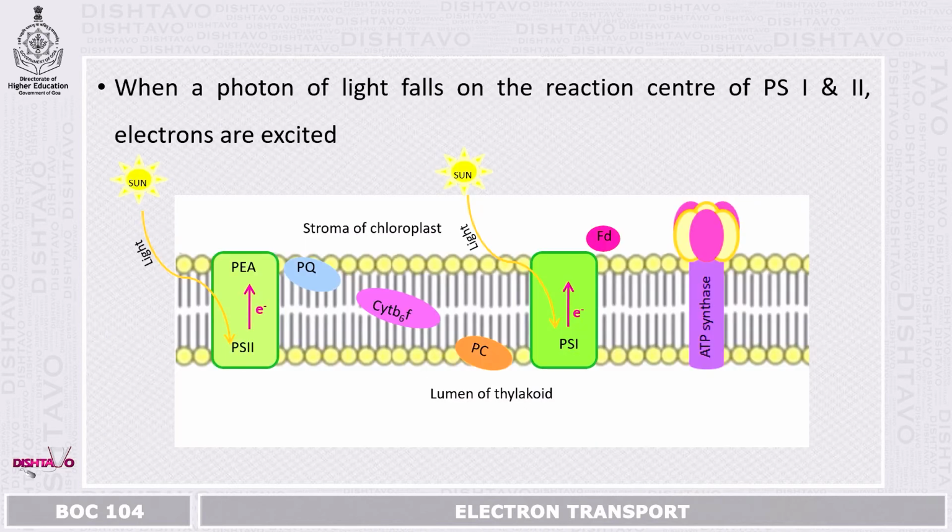When a photon of light falls on the reaction center of photosystem 1 and photosystem 2, electrons are excited.